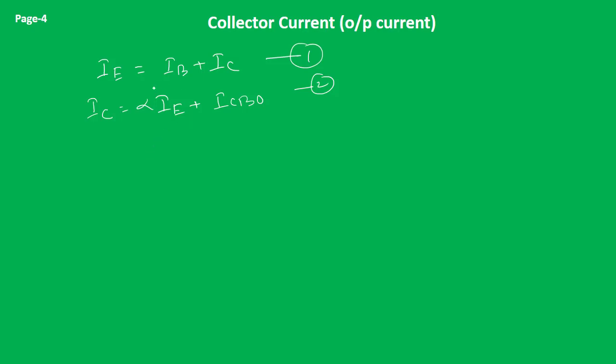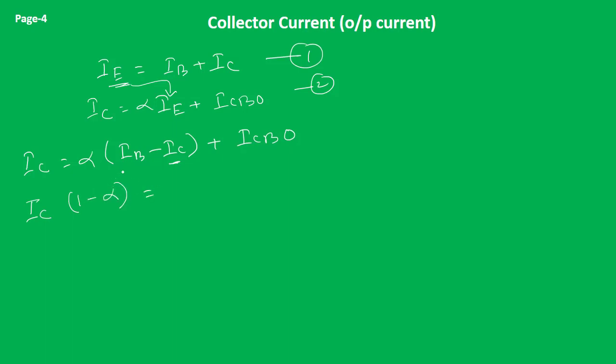Now if we substitute the value of IE from equation 1 into equation 2, we get IC is equal to alpha into IB plus IC, plus ICBO. If we rearrange it, we can take this IC to the left hand side, and by taking IC common, we can write IC is equal to 1 minus alpha.